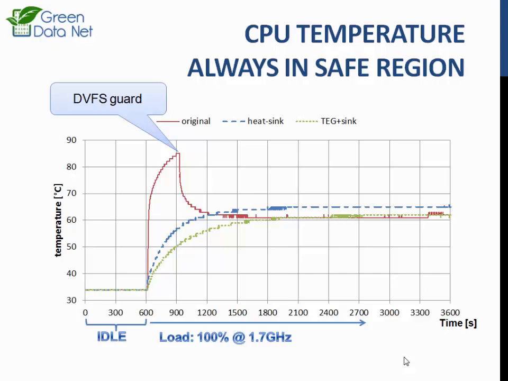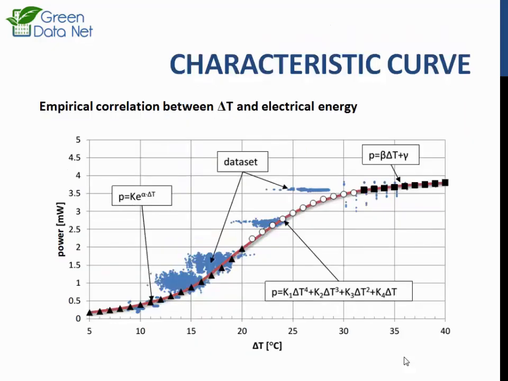So you cannot continue with the maximum computing capability. If you use a normal heatsink, you have the temperature controlled in a specific range, and if you use this kind of generator, you have the temperature controlled in a specific range that is much more sustainable for the processor. So you don't have any thermal problem about dissipation of this thermoelectric generator and the heatsink.